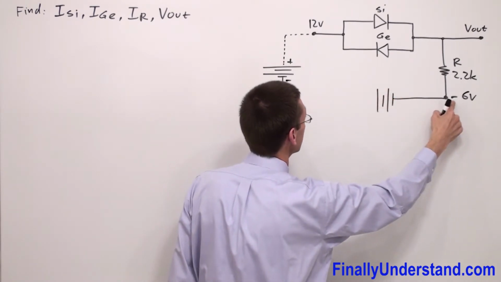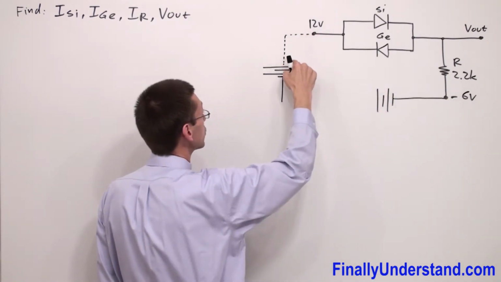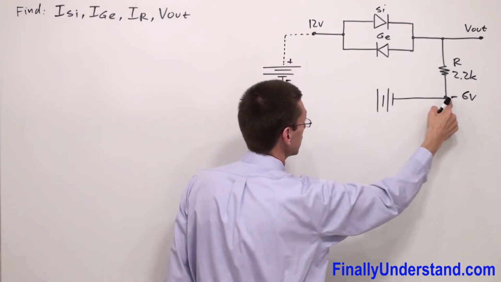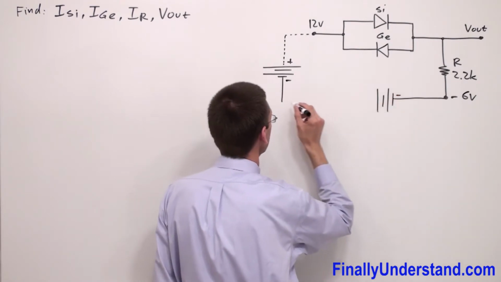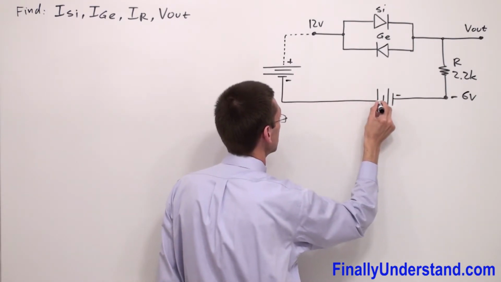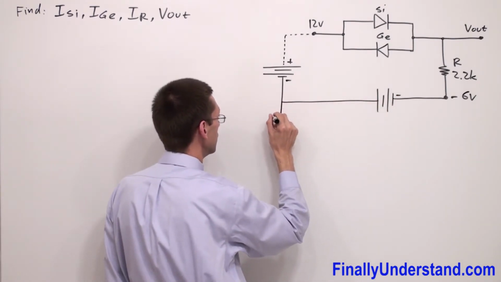Why? Because I have negative sign. Over here I have positive sign, that's why I have positive, and because I have negative, I have power supply connected by negative terminal. Okay, next I'm supposed to connect them together, and this is going to be my ground.